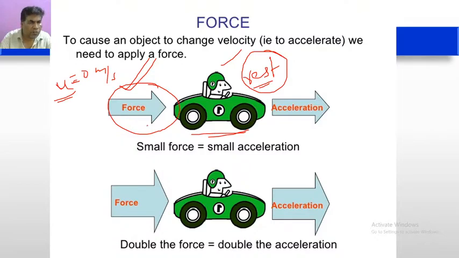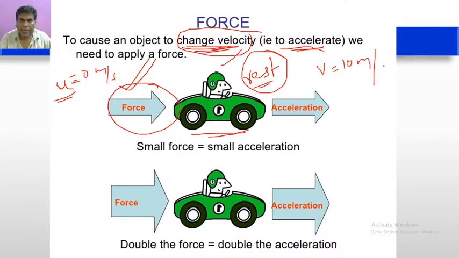After applying force, what happens? Velocity will change. This change of velocity is called acceleration, means the car is accelerating. The car is changing its velocity because of force. Let the final velocity v be 10 meter per second.